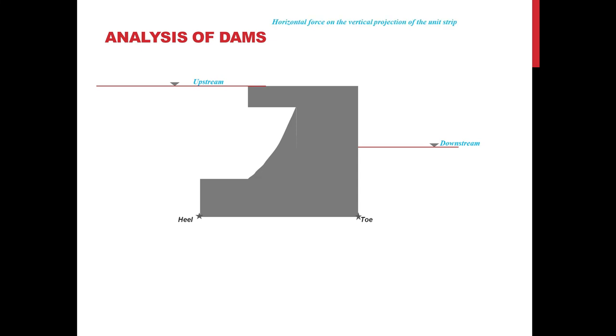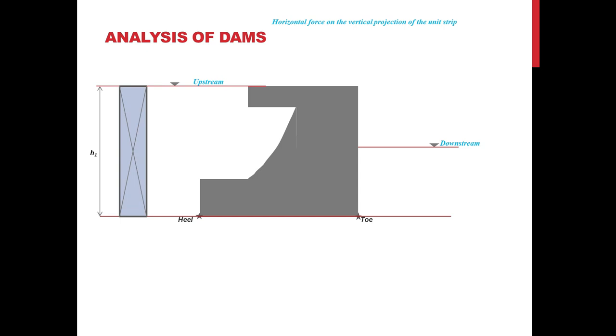So first, we work on the horizontal forces on the vertical projection of the unit strip. So of course, we want to denote our head on both sides of upstream and the downstream side. Let us denote our upstream head as H1, wherein we are going to consider 1 meter strip of the length of this dam.